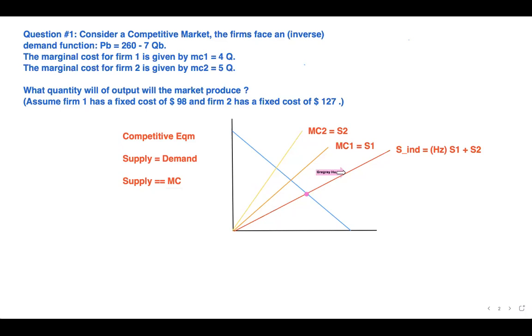Exactly, Michael. The industry supply curve is just the joint marginal cost curve. So invert, add, and invert again, and then you'll get a function, and you can go from there to find the equilibrium.